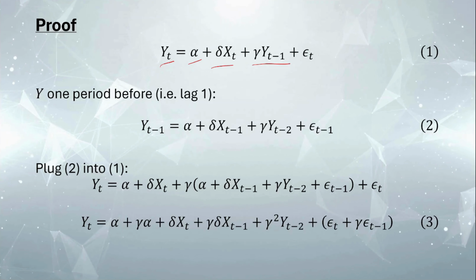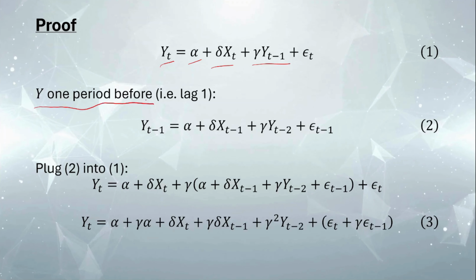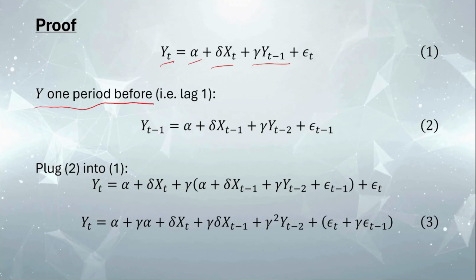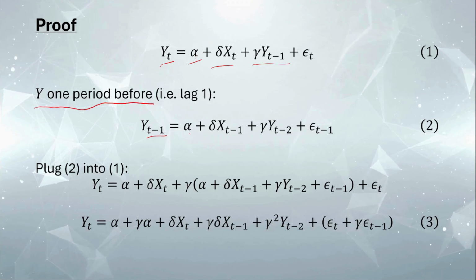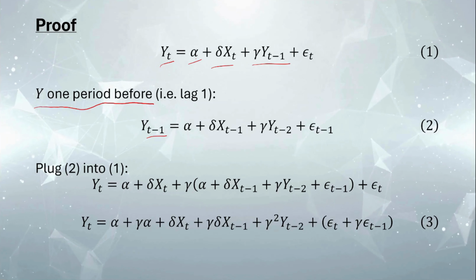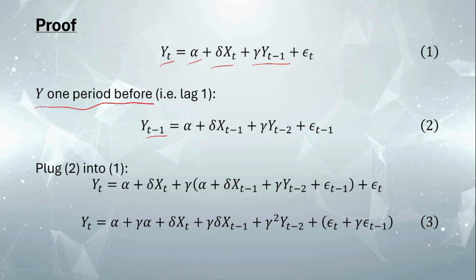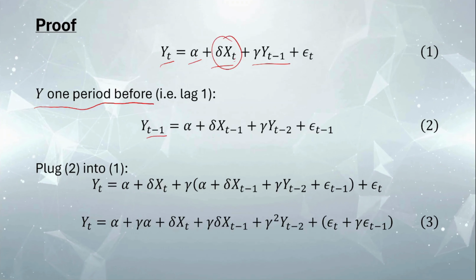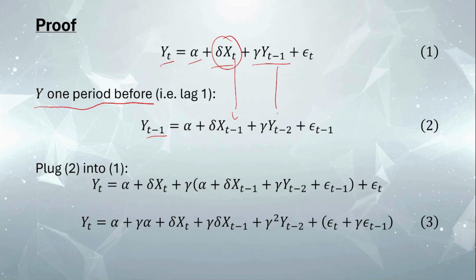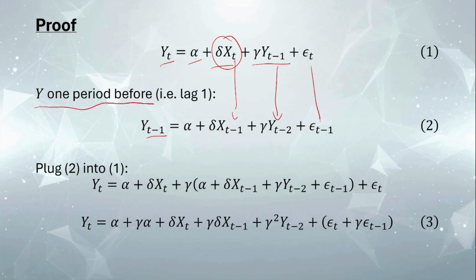But if you say y is one period before, very simply, you take this t and you just minus 1. This one, we just leave it here; you're not so interested in this. For this xt here, we also take the t and minus 1. This one, we minus 2, and this one, we minus 1.